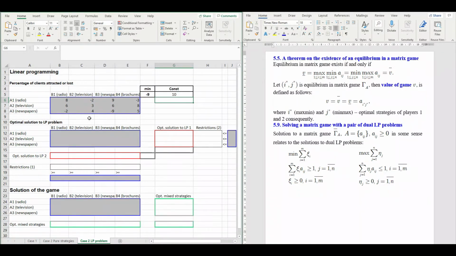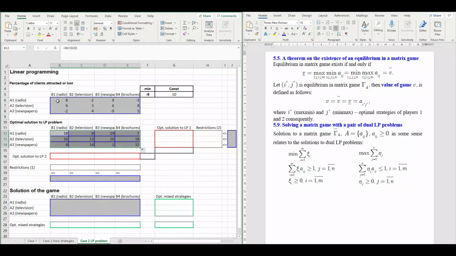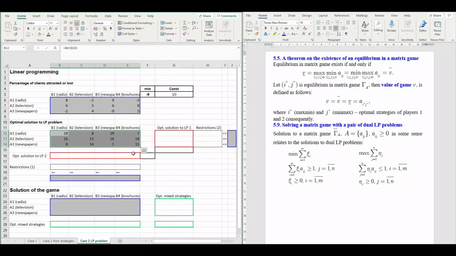Let us add this constant to all the elements of our payoff matrix. Now we see that all the elements of the new matrix are non-negative.